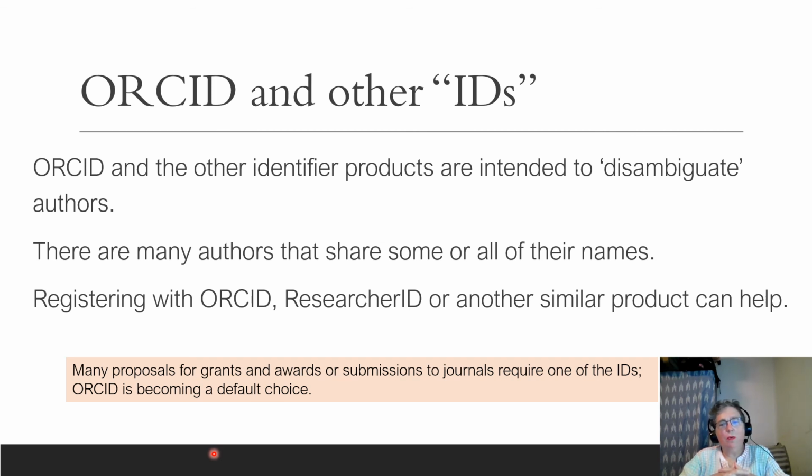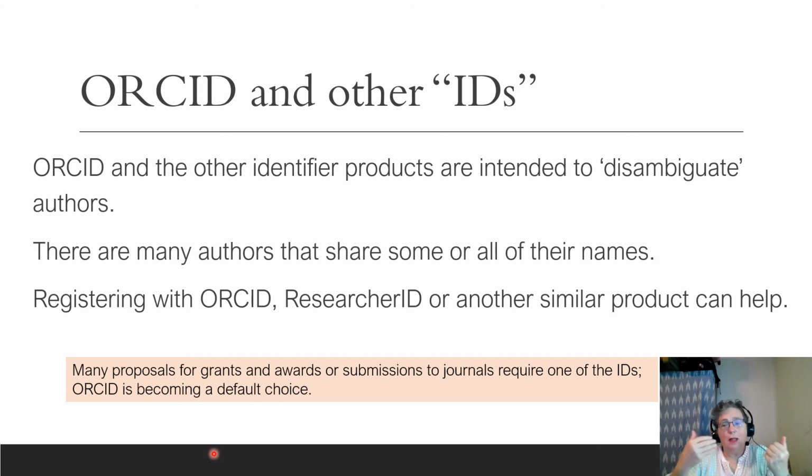Now, why that's important is that a lot of people have very similar names, and sometimes people not only have a similar last name, they might have the similar initials. They might have the identical first name and middle initial. So you want your work to be associated with the person that is you. The other thing is that people's names can change for all kinds of reasons.